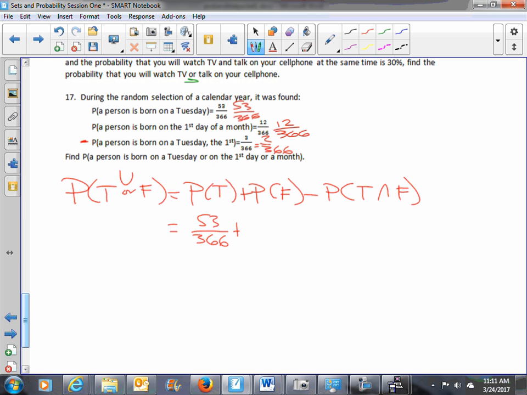Probability first day of the month is 12 over 366. And minus probability Tuesday and first day of the month, that's 2 over 366. So that ends up being 53 plus 12 minus 2, or 63 over 366.